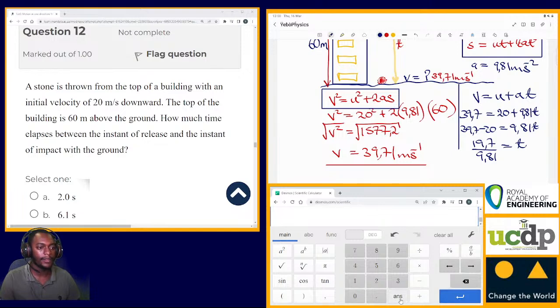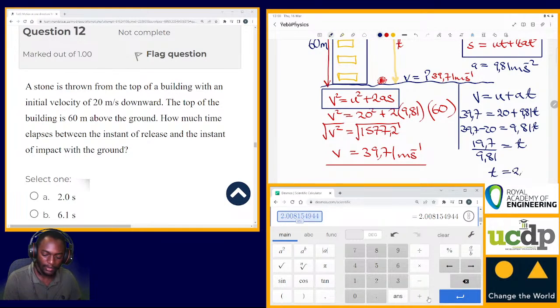Oops, I've just lost my answer. So that is 2.0. So the time taken T is 2.0 seconds.